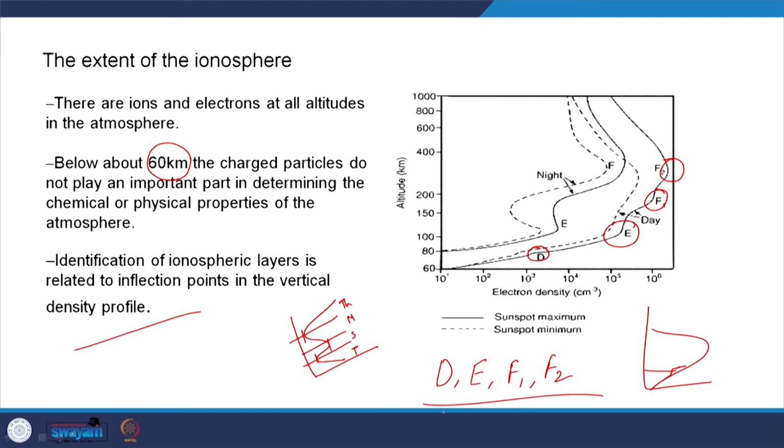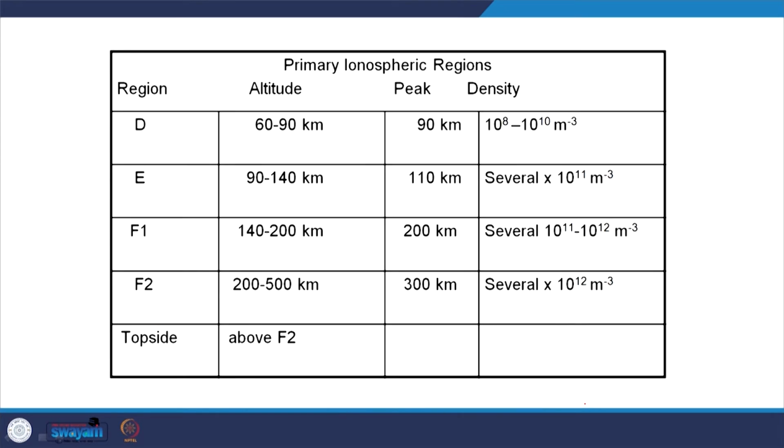Why can't they simply be called A, B, C, D or layer 1, 2, 3, 4? There must be some reason why the ionospheric layers are named like this, D, E, F1 and F2. Why not anything else, right? So you may want to look up some books or resources just to find the answer to this curiosity question.